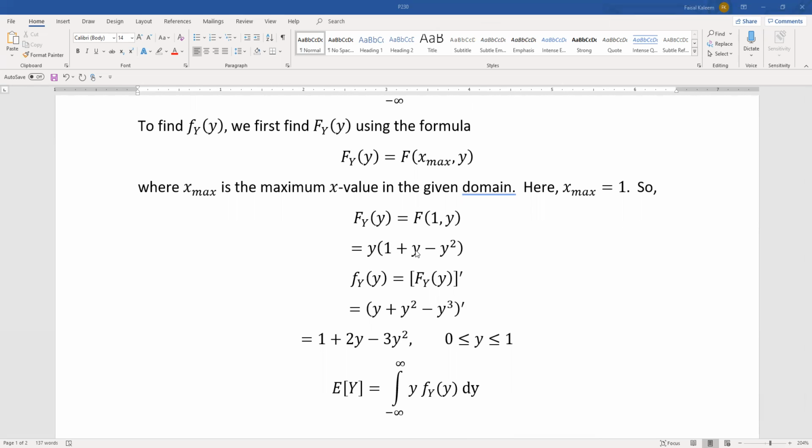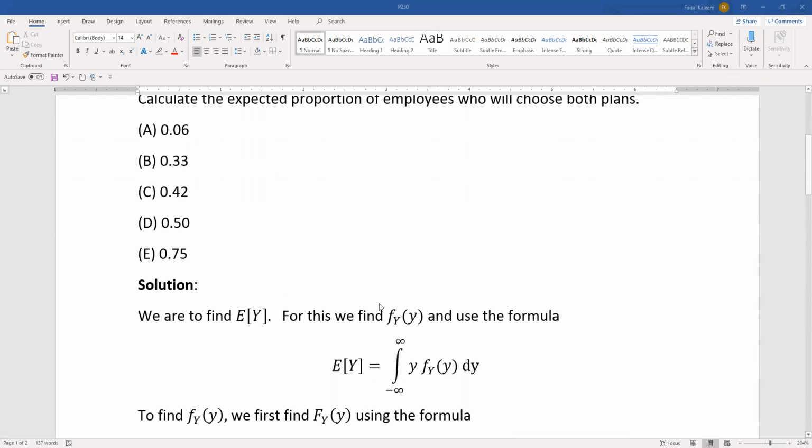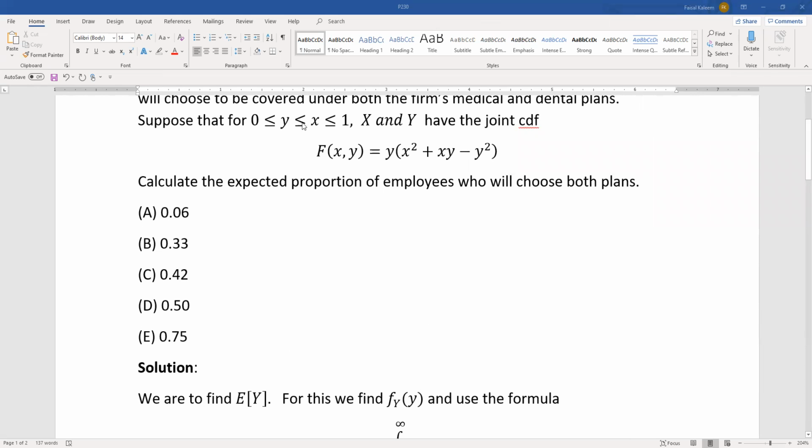So this is y + y² − y³, and the derivative is 1 + 2y − 3y². Now I need the y bounds. Looking at the original bounds, Y ranges between 0 and 1. Since we've eliminated x to get the marginal PDF of Y, we're just left with y between 0 and 1.